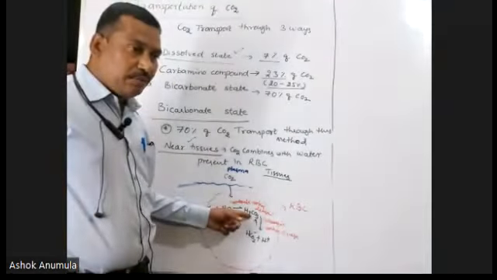The changing of two substances in the opposite direction through the RBC wall is called as antiporter.